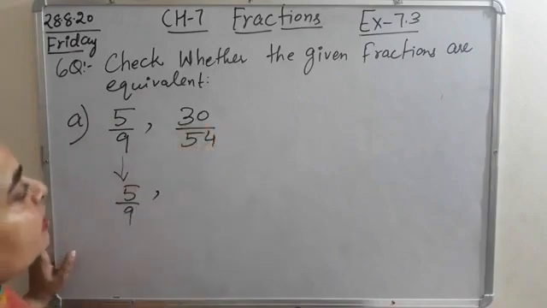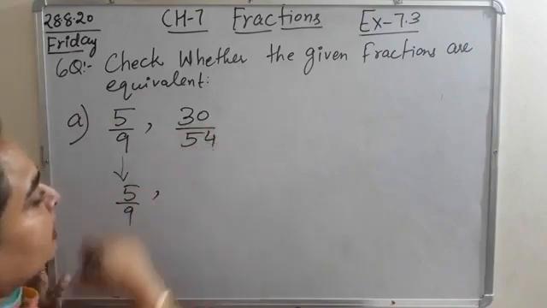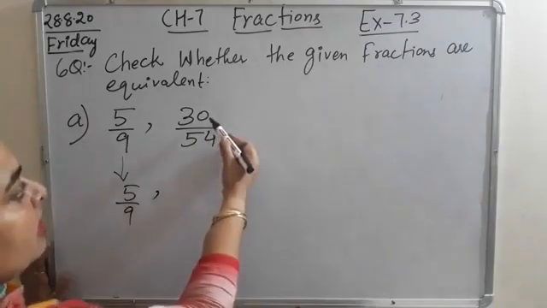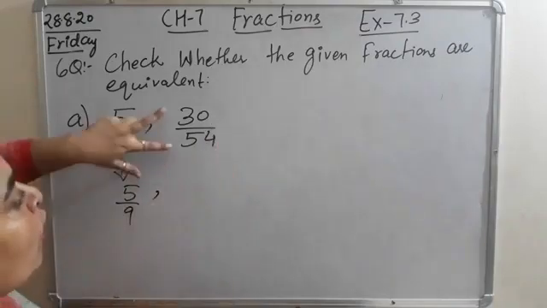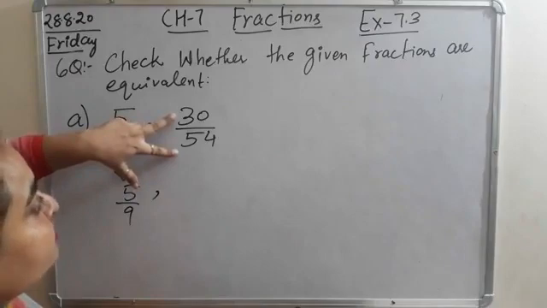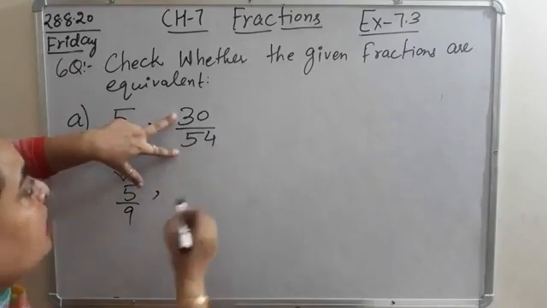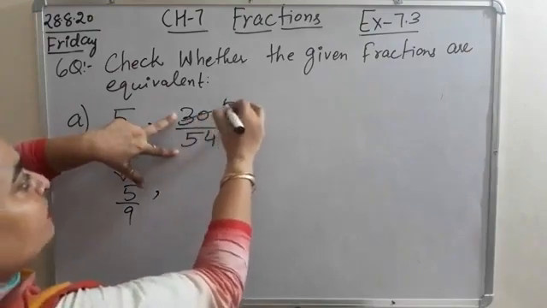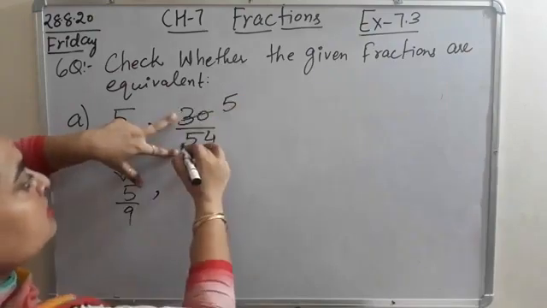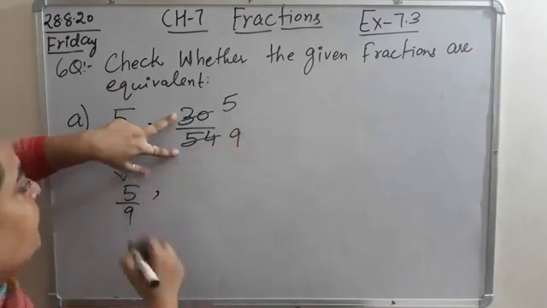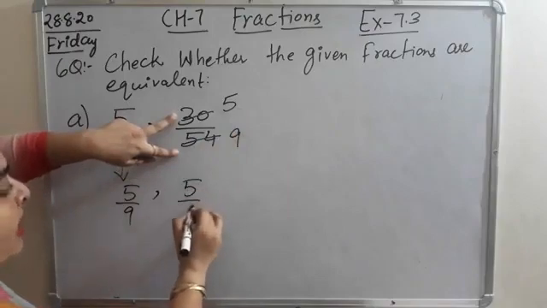On the right hand side we have 30 by 54. 30 and 54 are both multiples of 6. So cancellation in the table of 6. 6 5s are 30, 6 9s are 54, so 5 by 9.